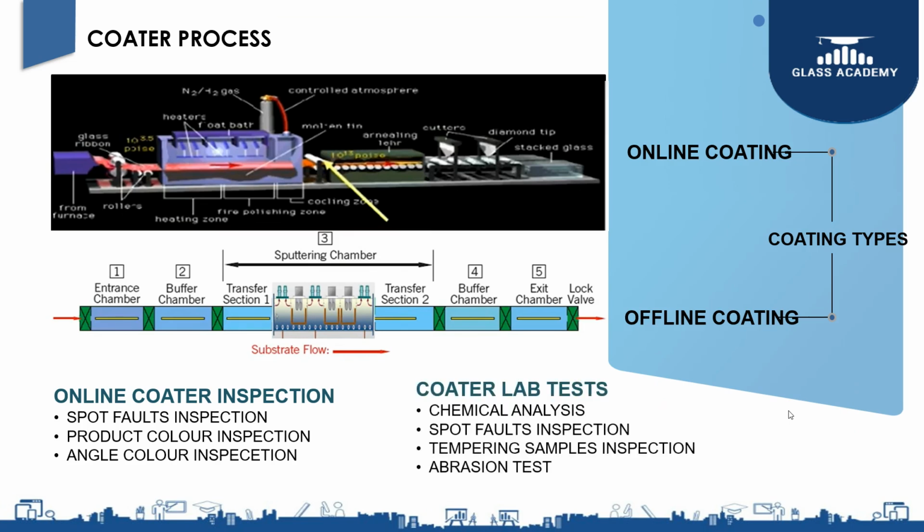This gives good stabilization throughout the manufacturing process. For coated products, we also do chemical analysis and the abrasion test for the major part. Why? Because once the coating has been done on a glass, we have to ensure that the coating does not come off the glass, so we check the adhesion as well as the durability.